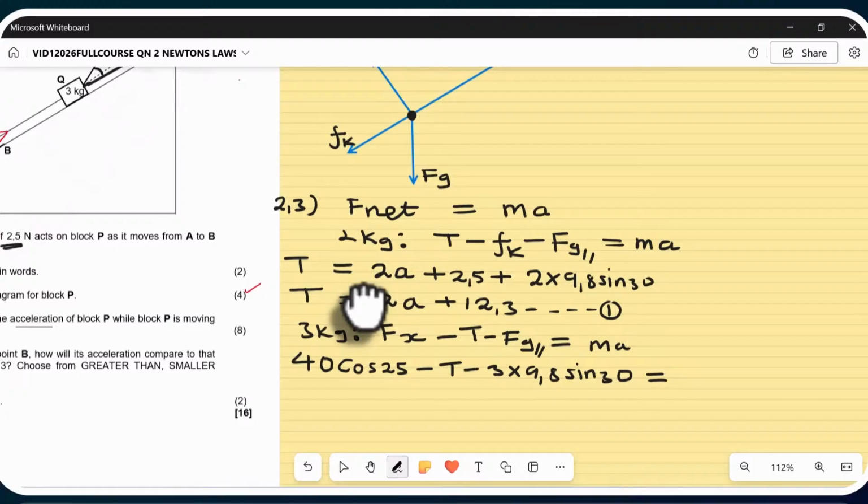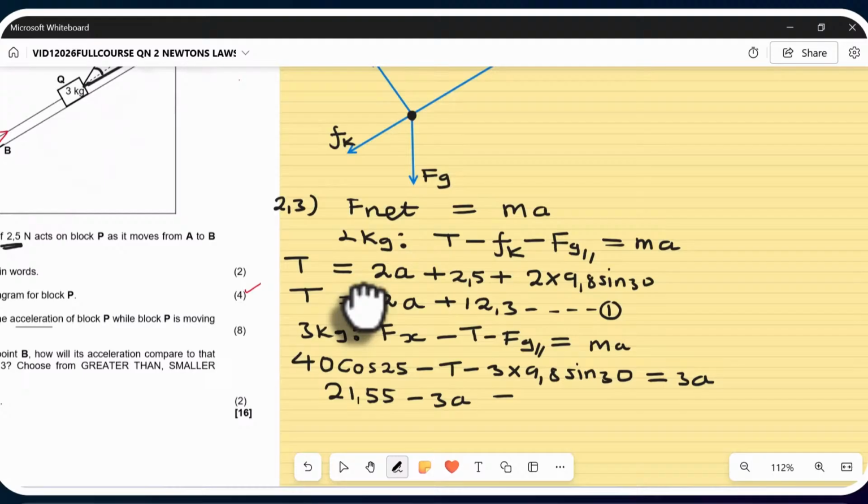Then the 3a becomes minus 3a, equals T, the tension, and so this is equation 2. The two equations are both equal to tension, so I can say equation 1 equals equation 2.